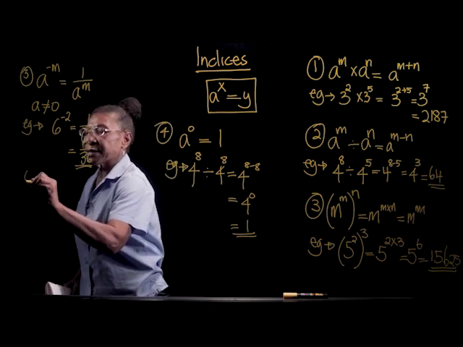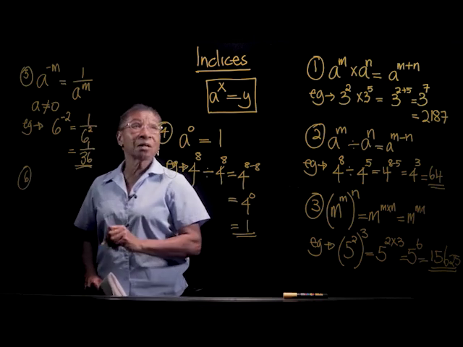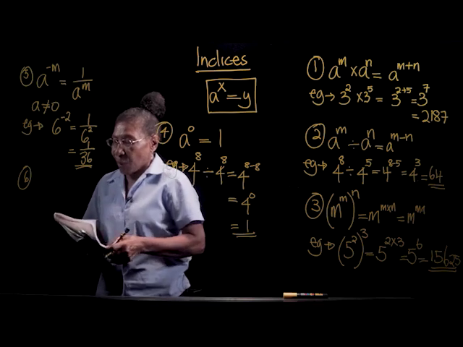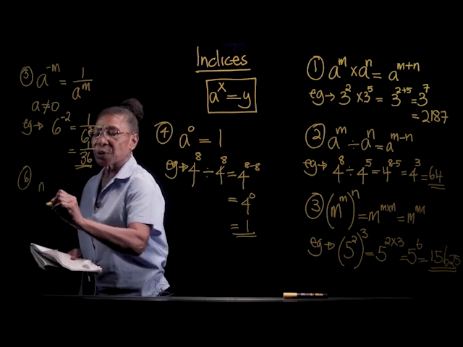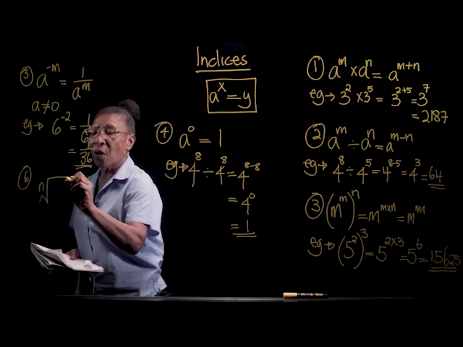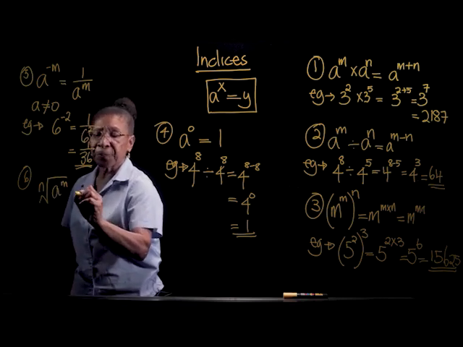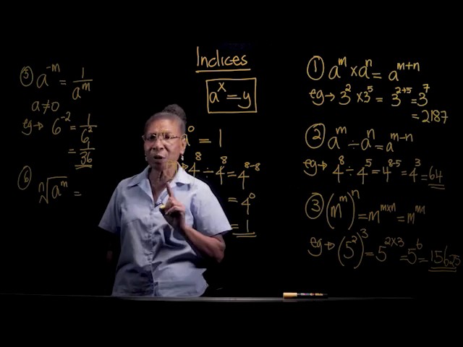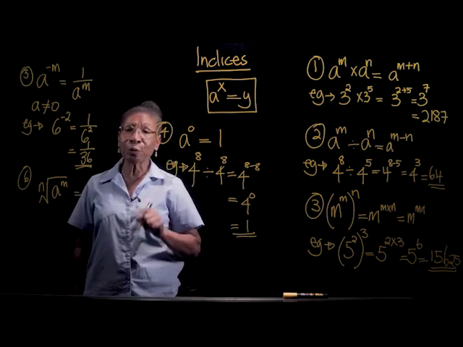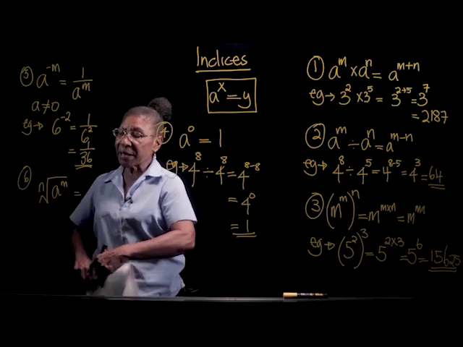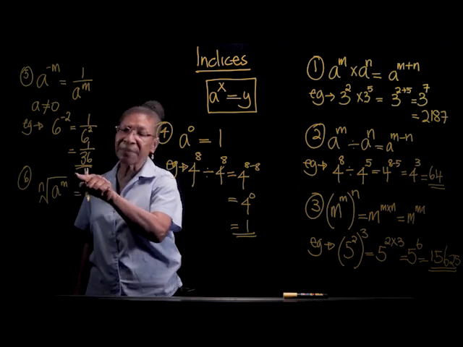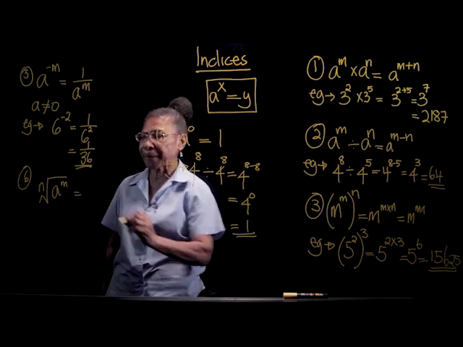In law number 6, the final law of the basic laws of indices, we will now use the nth root of a to the power of m. In our previous lesson, we looked at surds, and we used the radical sign. This symbol here, in mathematics, is called the radical sign.